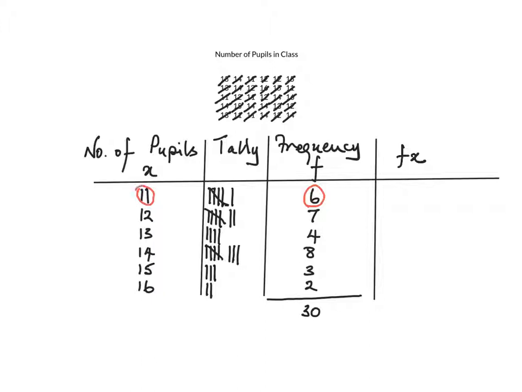So 6 times 11 gives us 66. 7 times 12 is 84. 4 times 13 is 52. 8 times 14, so that's 80 plus 32, that's 112. 3 times 15 is 45. And 2 times 16 is 32. We then want to total up all these numbers. And that gives us 391.